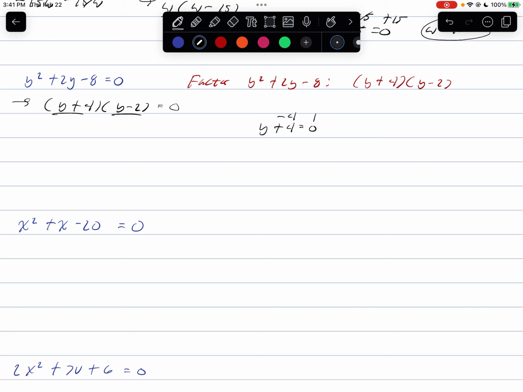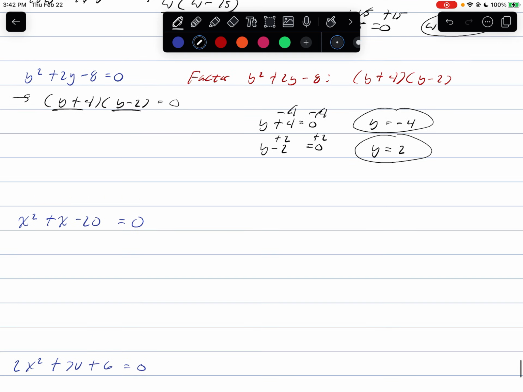So we can take 4 away from both sides, and we get y is equal to negative 4. And then we have y minus 2 is equal to 0. And we can add 2 to both sides, and we have y is equal to 2. So y equals negative 4 and y equals 2 are both totally valid solutions for this equation.